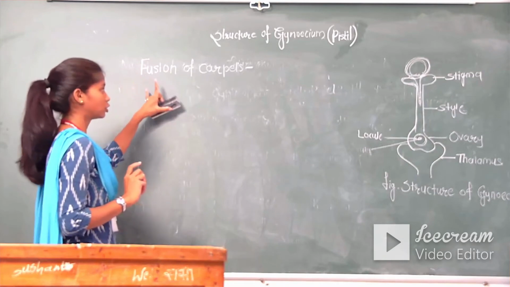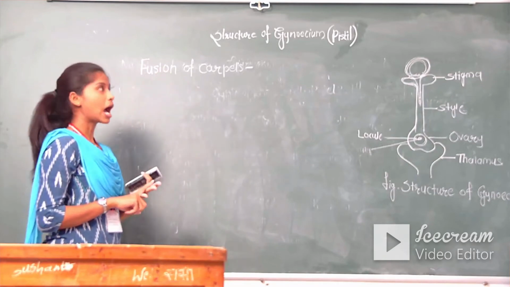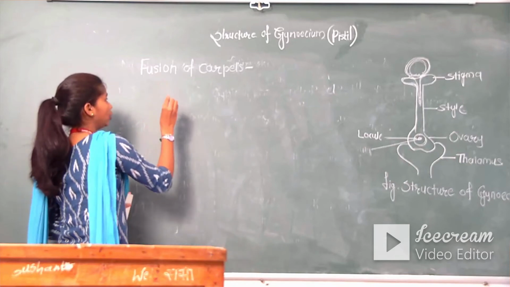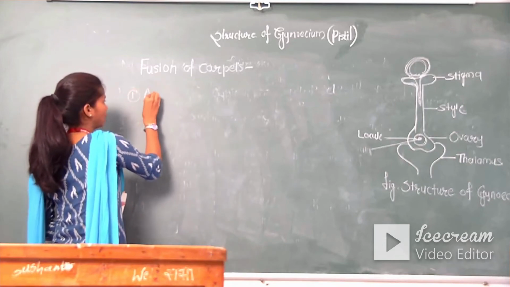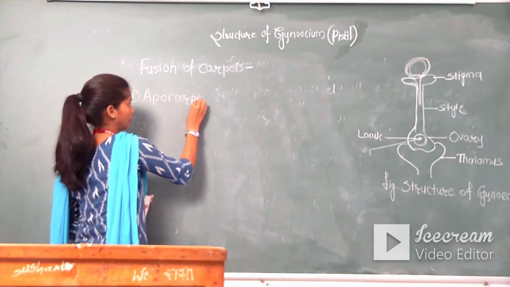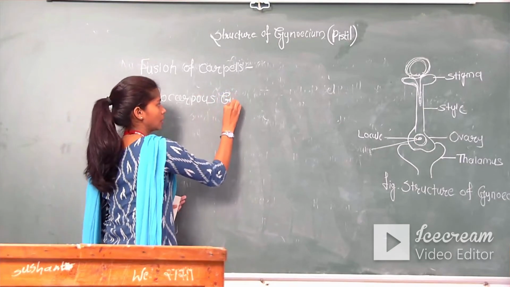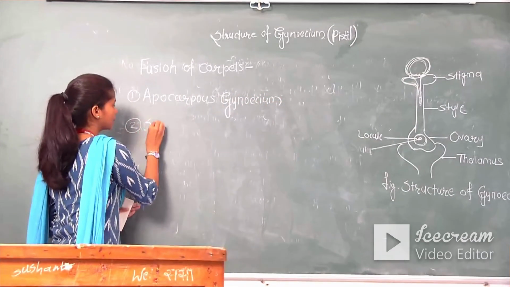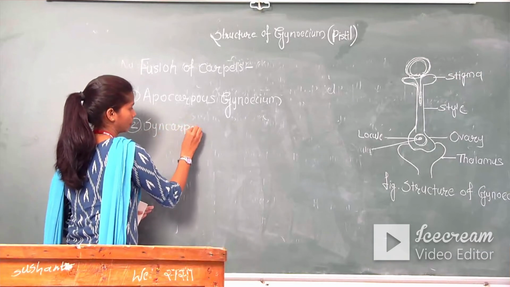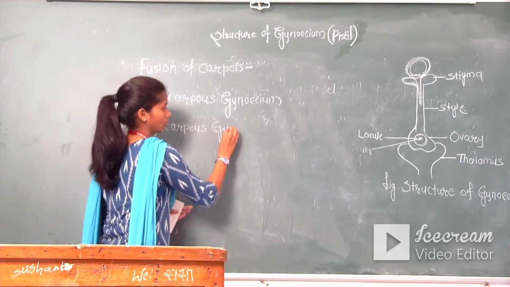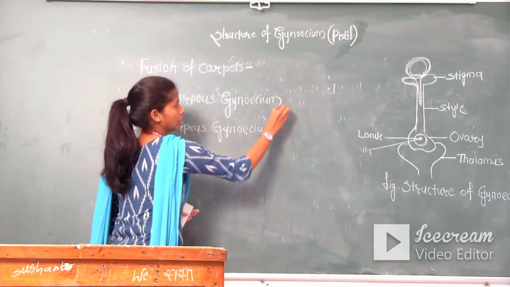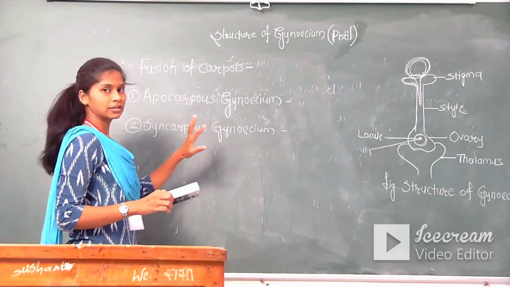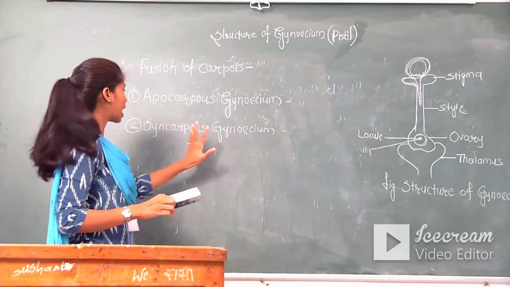Now, next point is fusion of carpels. Here, depending upon whether the carpels are fused or free, gynoecium is classified into two classes, that is apocarpous gynoecium and syncarpous gynoecium.